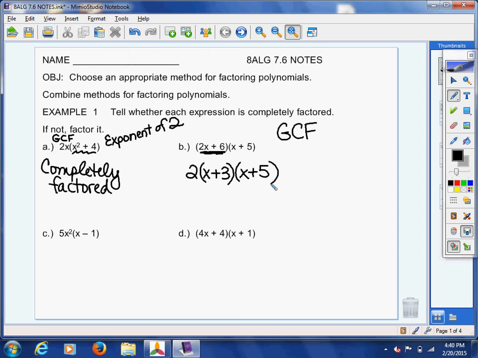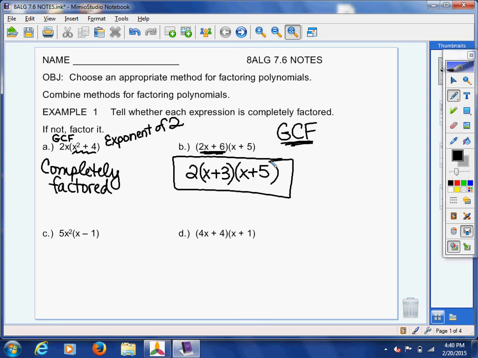If it doesn't have a squared variable, then look to see if the quantity has a GCF that can be pulled. And as long as the GCF is 1, you're done. And now we're done because we pulled all the GCFs out and we just fully factored it. And that's as good as I can get it. All the other quantities, x plus 5 and x plus 3, they both only have a GCF of 1. So we're done.